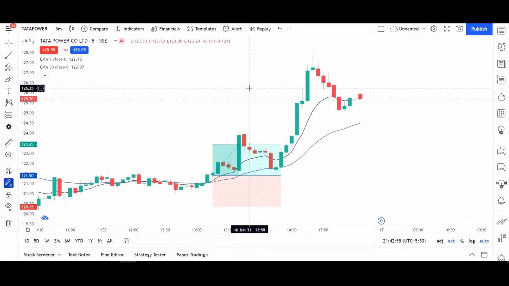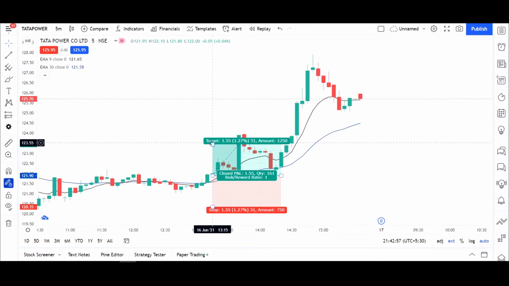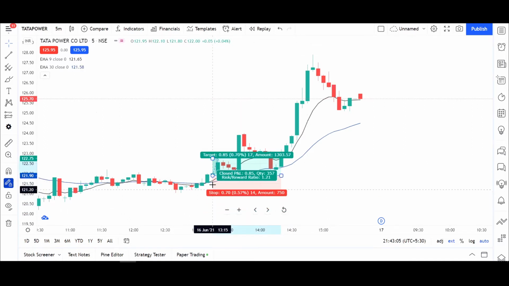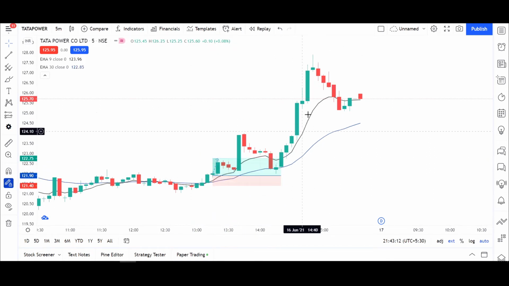Now what should be your stop loss and your target price in this trading strategy? First, let's start with the stop loss. Your stop loss is supposed to be at least 0.30% below your 30 moving average. Not below the 9 moving average, below your 30 moving average.